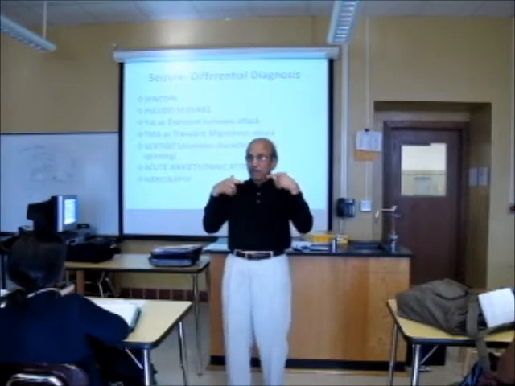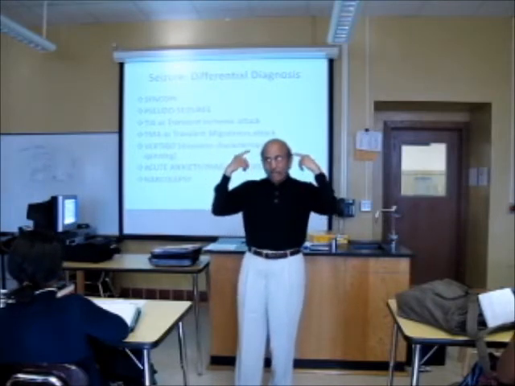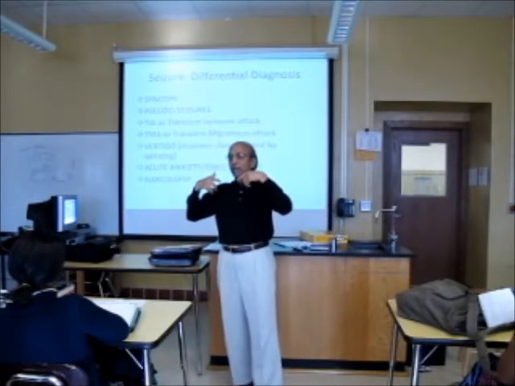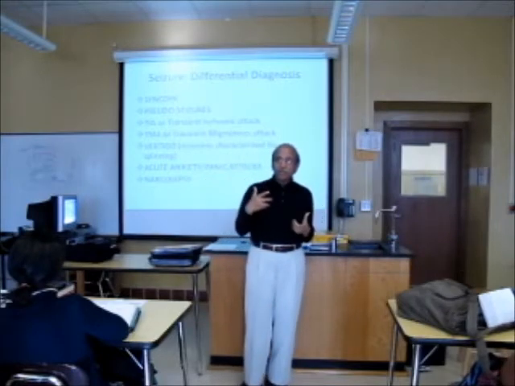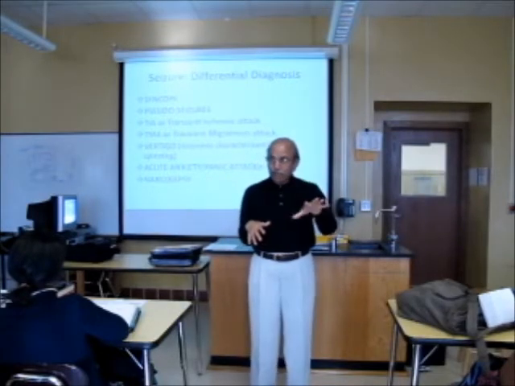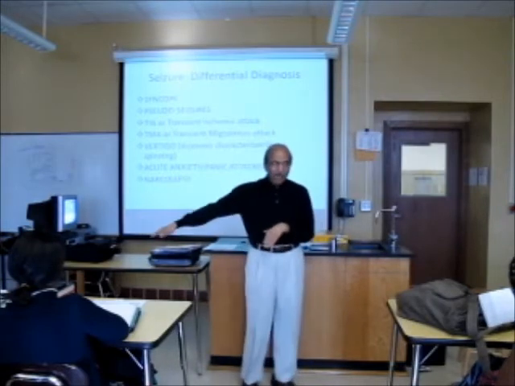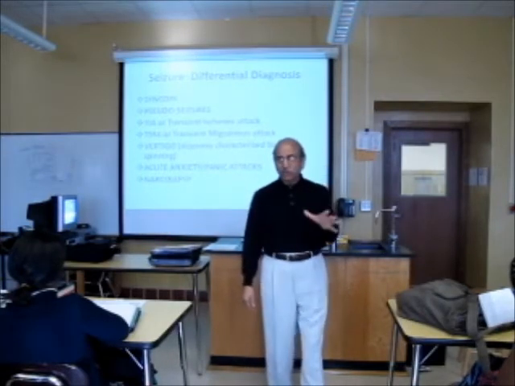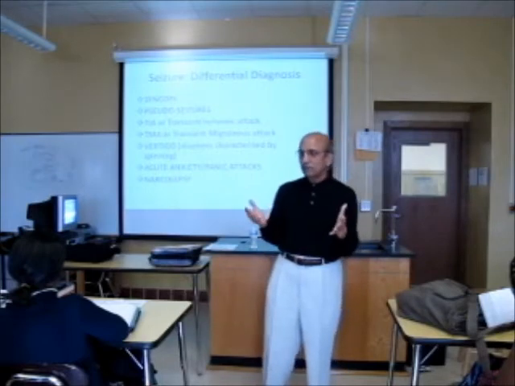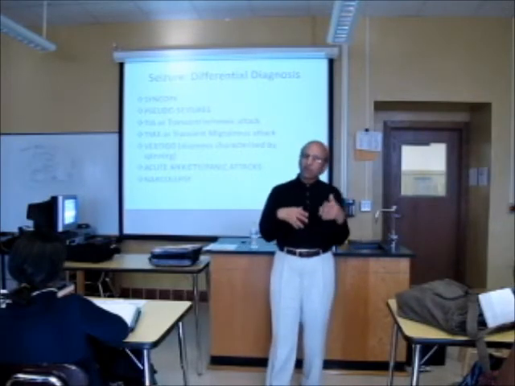At that time we feel lightheaded, we feel warm, we break out in a sweat, and if that happens, lie down flat wherever you are. Otherwise you are going to lose consciousness for less than a minute, and then you are going to wake up.